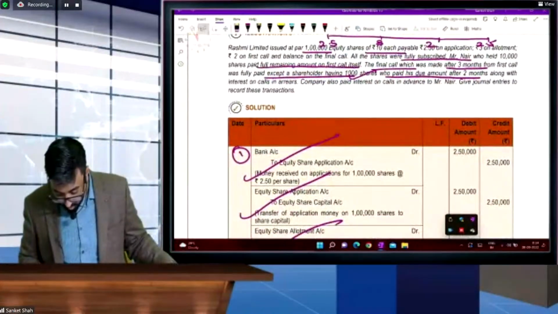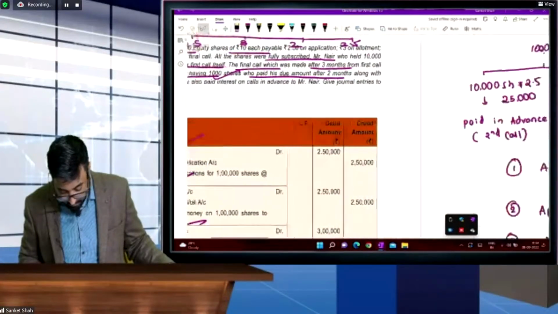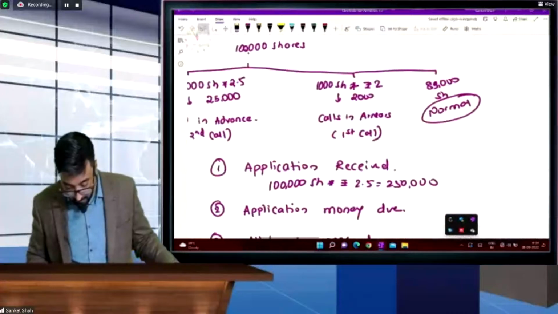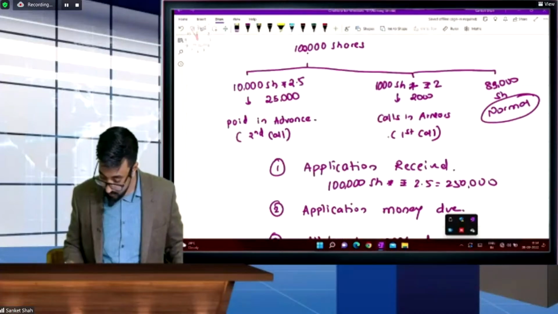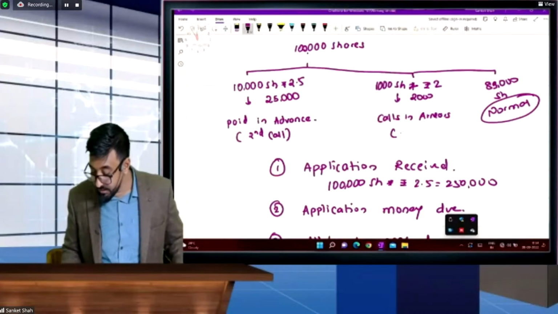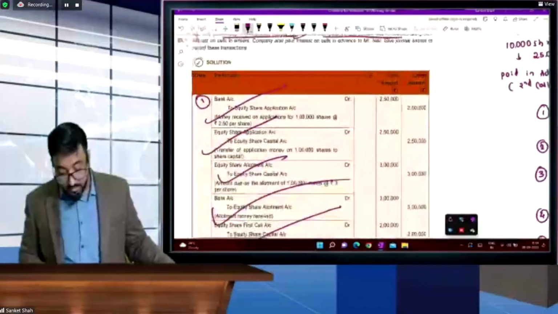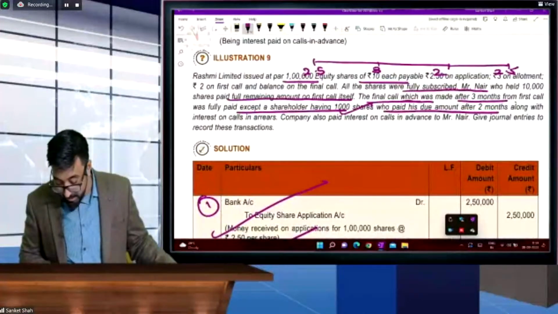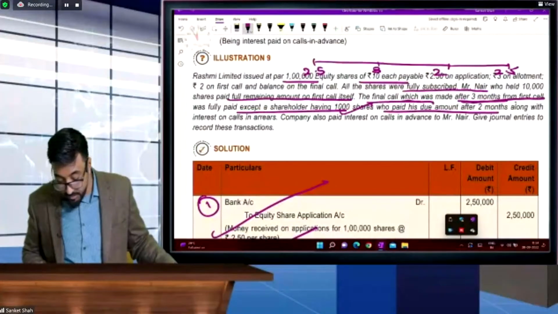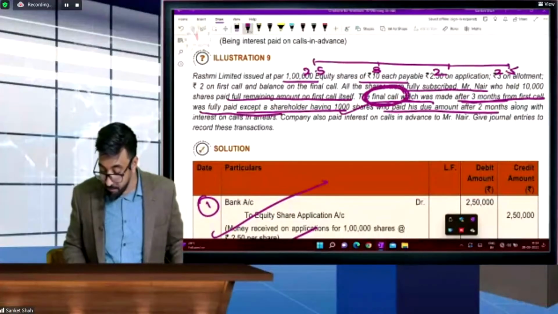Sorry, my friend. Calls in arrears is a second call. I thought the final call after 3 months from first call was fully paid, except final call.